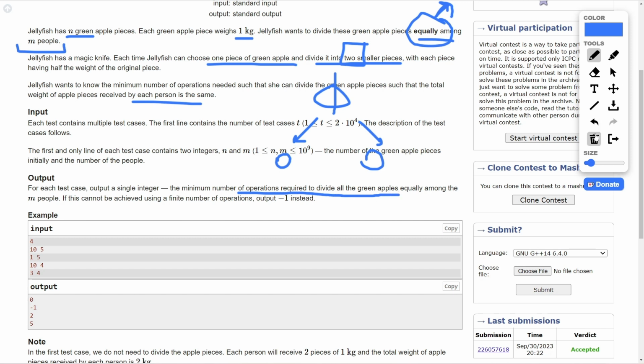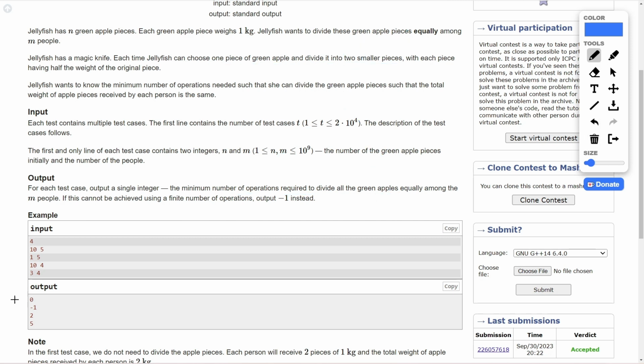Let's try to understand the test case. Suppose n is 10 and m is 4. So we have 10 apples and 4 people. The very first thing we will do is, out of 10 whole apples, we can give each person 2 apples.